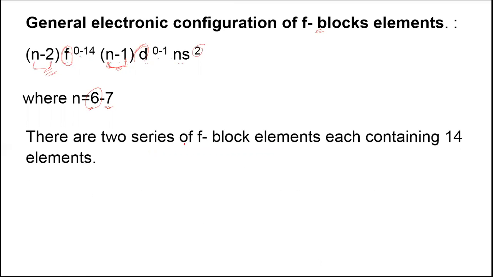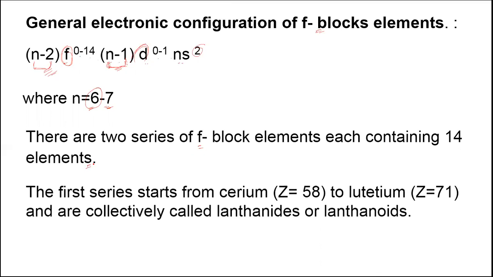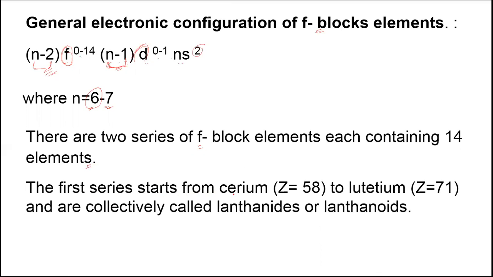There are two series of F block elements, each containing 14 elements. The first series starts from cerium, atomic number 58, to lutetium, atomic number 71. It is collectively called lanthanides.